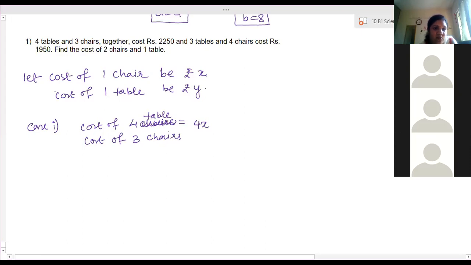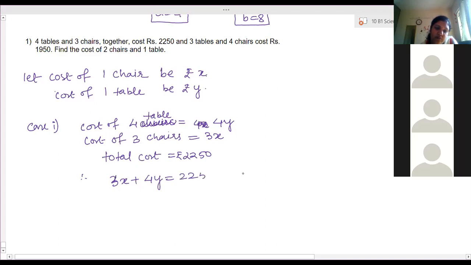Chair we have taken X, so table is Y. Cost of 3 chairs is 3X, cost of 4 tables is 4Y. Total cost is 2,250. So therefore 3X plus 4Y is equal to 2,250.